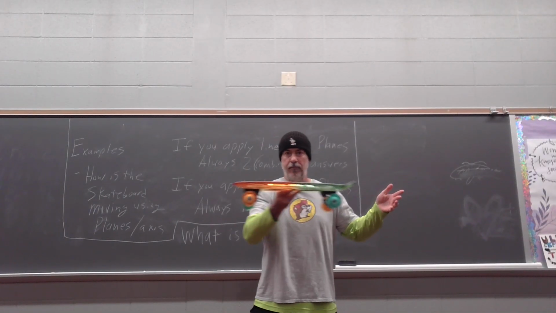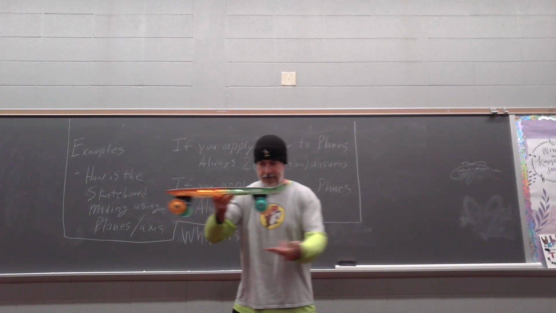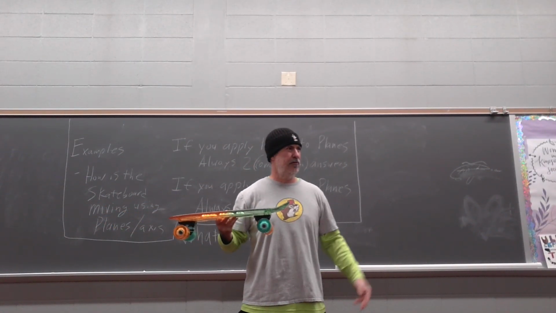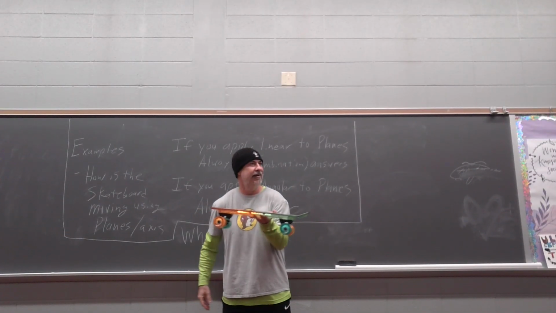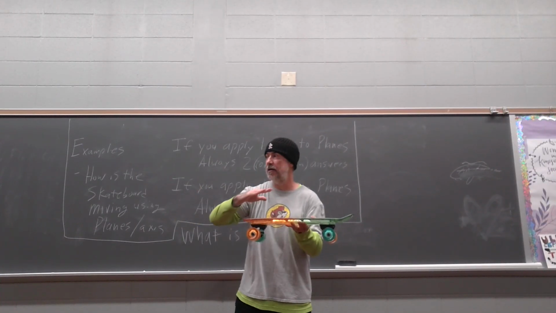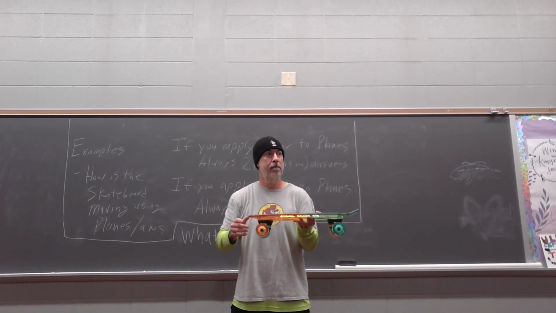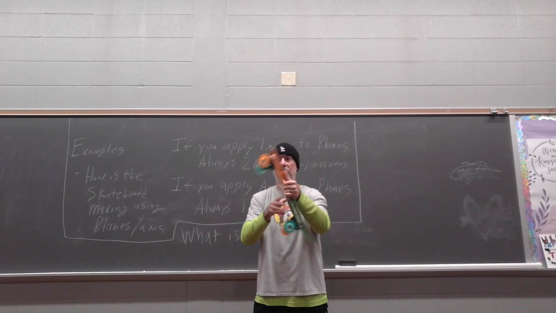How is the skateboard moving? Well, it's going parallel to the floor. Transverse? Oh, it's also going parallel to the wall. Frontal? We can't look at things shifting or sliding or being linear in a plane. How is the skateboard spinning?